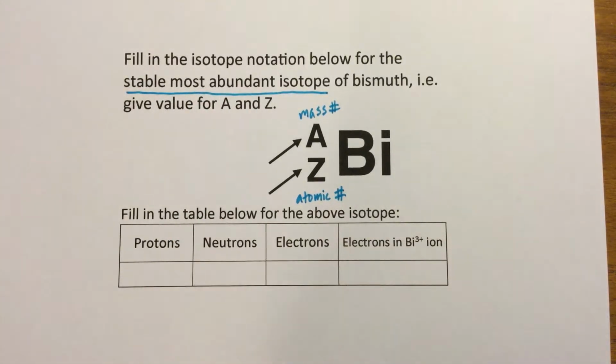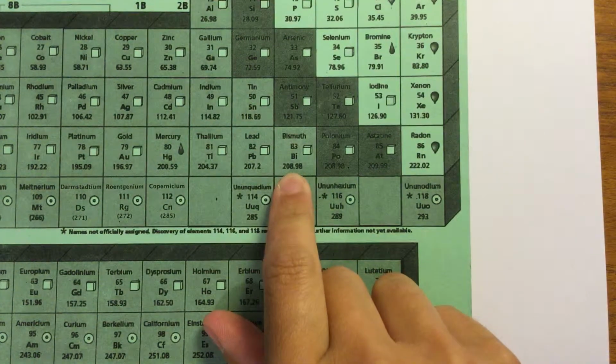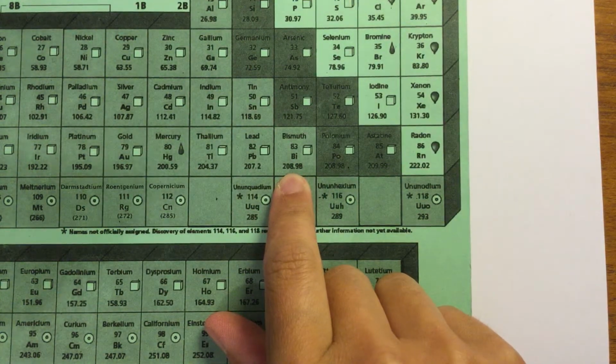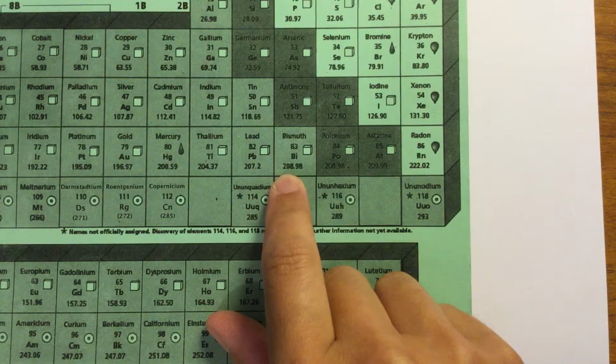This particular problem doesn't give us enough information, I think. So we're just going to do the best we can. When it says to use the most stable isotope, when you look at this atomic mass, it's really close to what whole number? Hopefully you said 209. 208.98 is really close to 209 as a whole number.